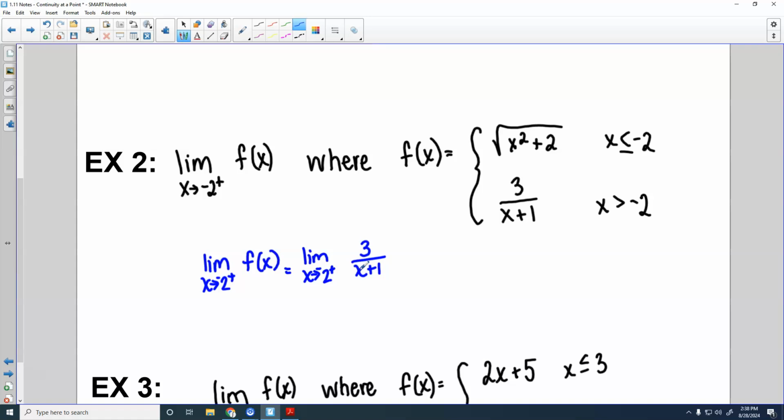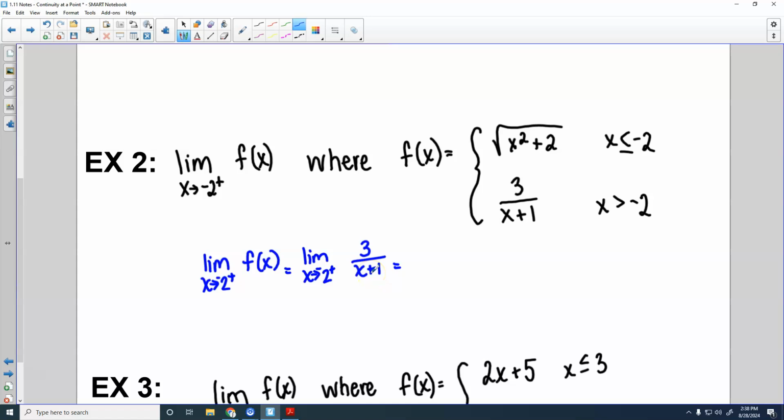I think it would probably be okay if you started out by writing that second one. I like doing this to show it means the whole piecewise function, then you're showing which one you chose. You already knew that because that's what they asked you up here, so I'm not going to count off if you don't write that first part. I like to see it there, but it's okay if you don't have it.